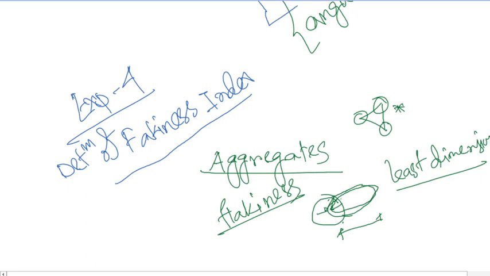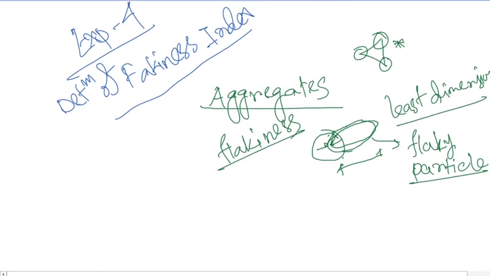As with any rectangular-shaped particle, you cannot judge actual width or length, but obviously you can judge the least dimension, that is the thickness. So if this least dimension is less than the usual size of the particle, then we will denote it as a flaky particle. And what will be the measurement? We will discuss that.